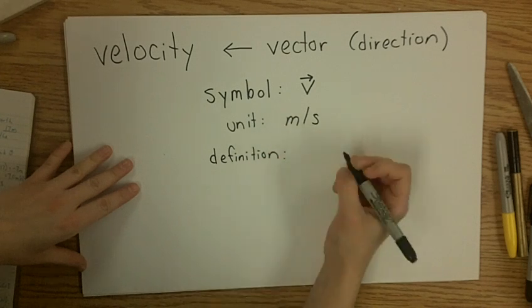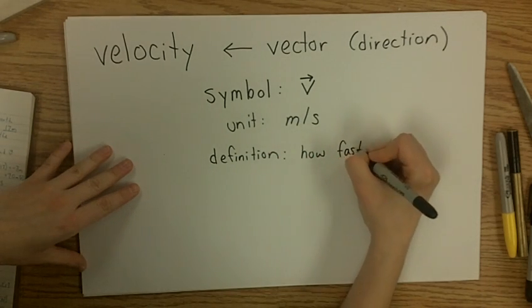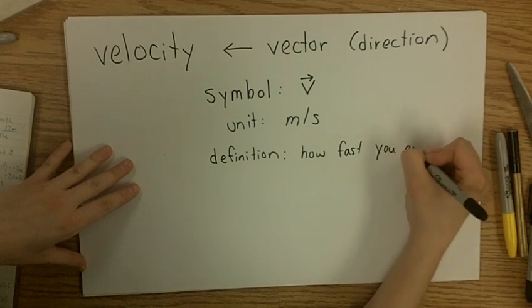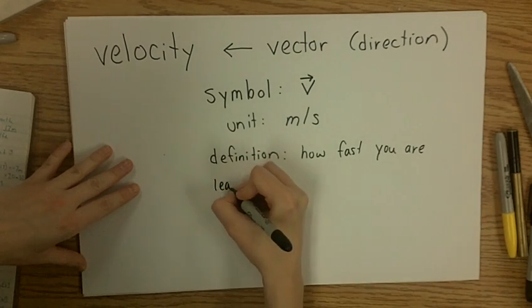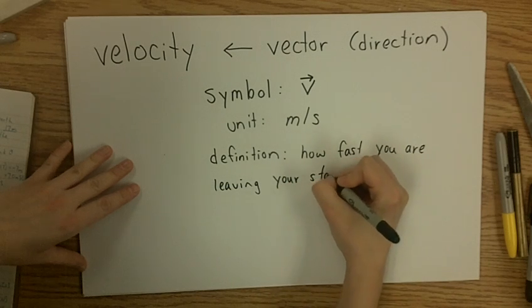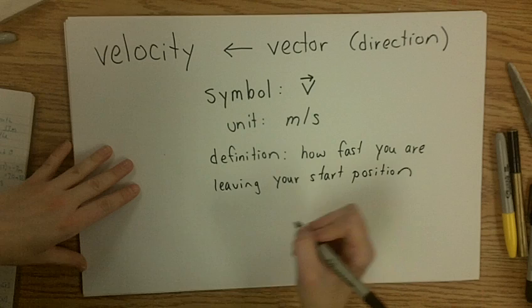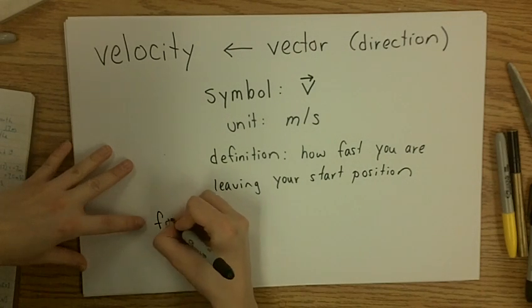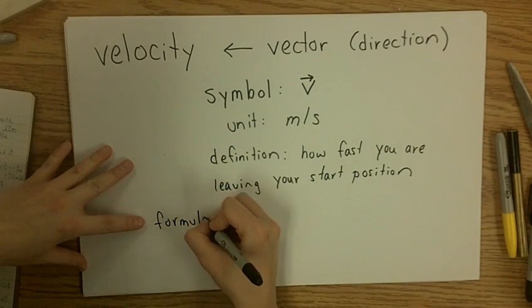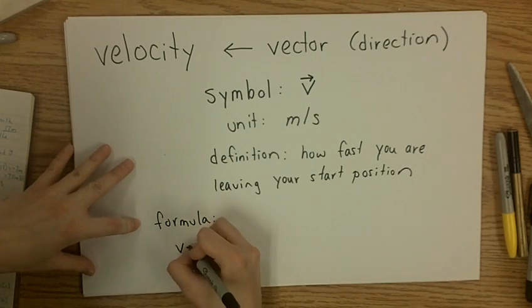The definition for velocity is how fast you are leaving your start position. The formula makes use of displacement, which is also a vector.